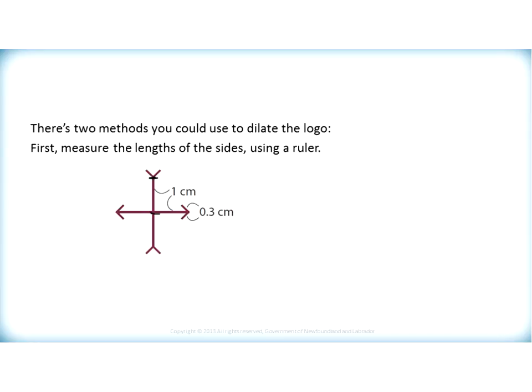So from the middle to the end there is 1 centimeter. From the middle to the end of this line is also 1 centimeter. And my arrowheads, the two pieces that make up my arrowhead, are 0.3 centimeters each. That would be the same here and here.